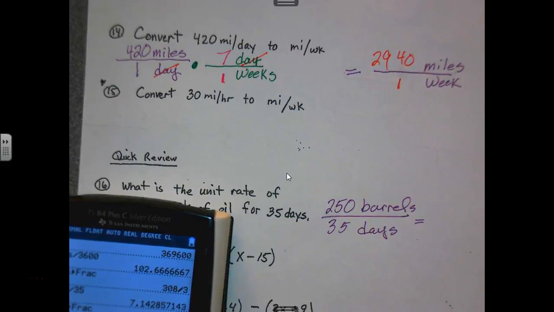This one you're better off to leave as a decimal. 7.14 barrels per day. Because it wouldn't be wrong to put it in as 50 over 7. Unit rates, we usually like to have in the denominator.